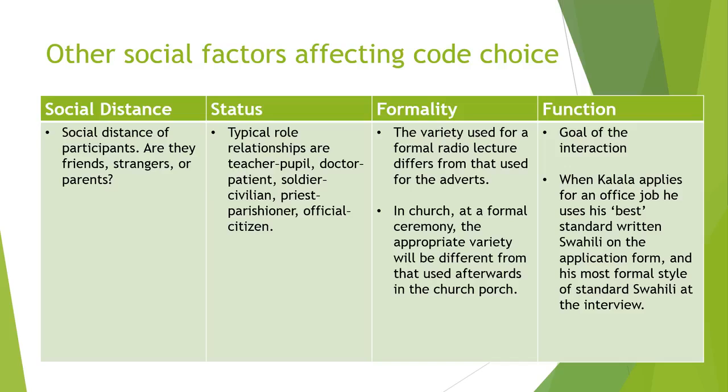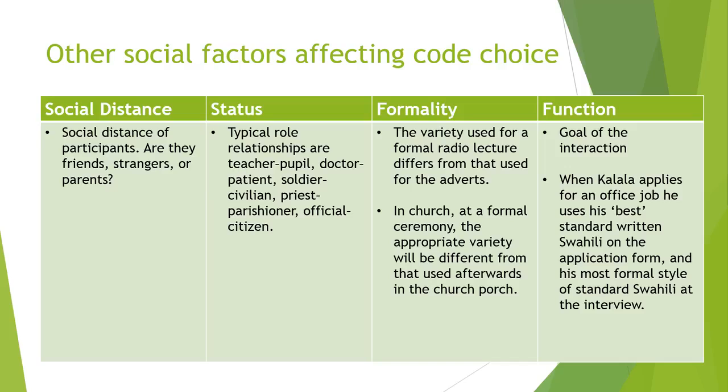An example of this factor is that the variety used for a formal media lecture differs from that used for the adverts. And another example, in church at a formal ceremony, the appropriate variety will be different from that used afterwards in the church porch.